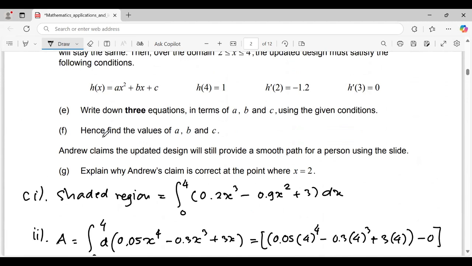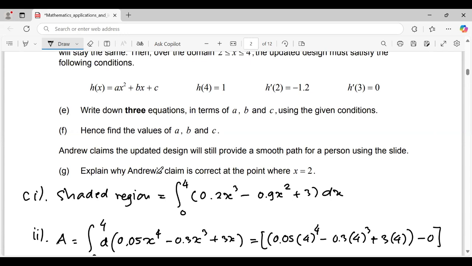Okay, we have found a, b, and c already. F, that's done. Now G. Andrew claims the updated design will still provide a smooth path for a person using the slide.